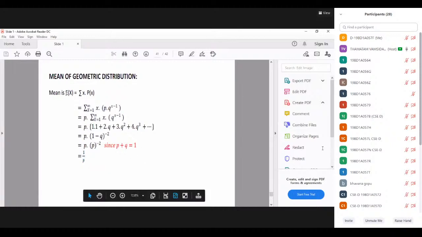This is the mean of geometric distribution, that is 1 by p.